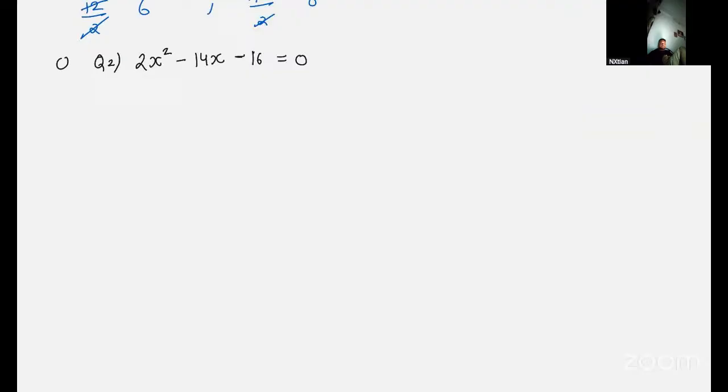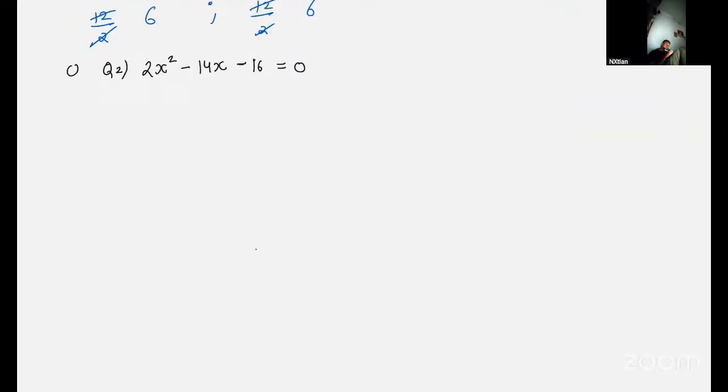Who got the value of b? Nobody got it? I sent you the answer. If you got the value of b, now find the value of x also with the quadratic formula.